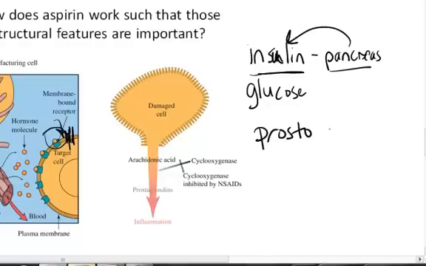Okay, prostaglandins are small molecules that send messages throughout the body, and they oftentimes will send a message to cause another hormone to be released. So prostaglandins themselves aren't hormones, but they are part of the chemical messaging system.